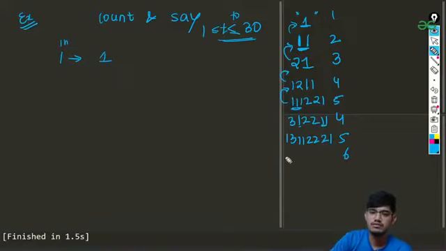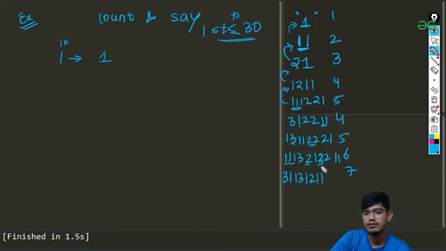For 6, you can see we have 1 1, we have 1 3, we have 2 1s, we have 2 2s, basically 3 2s, and then we have 1 1. When the input is 7, we'll have 3 1s, 1 3, then 1 2, then 1 1, then 1 3, then 1 2, then 1 2 1s.